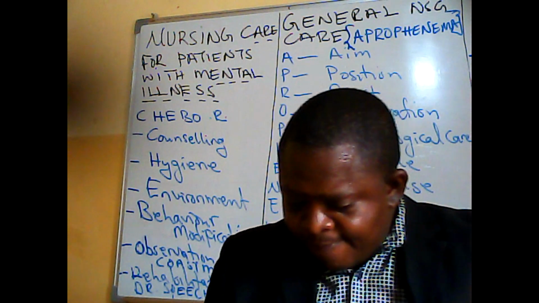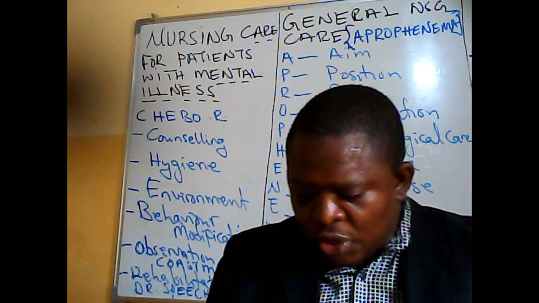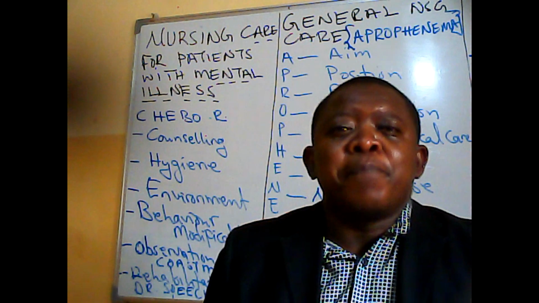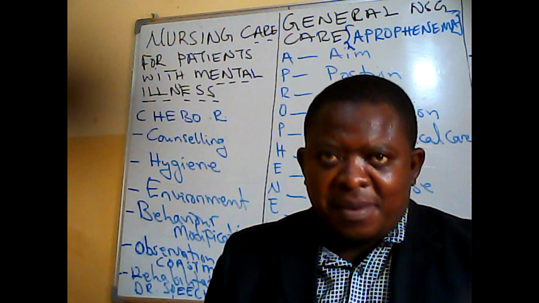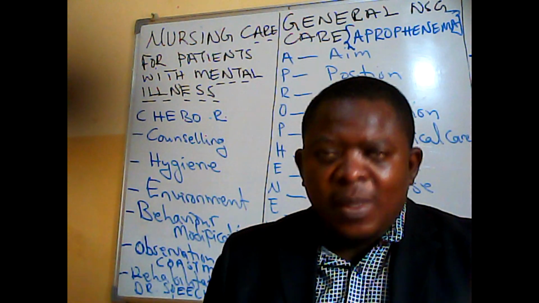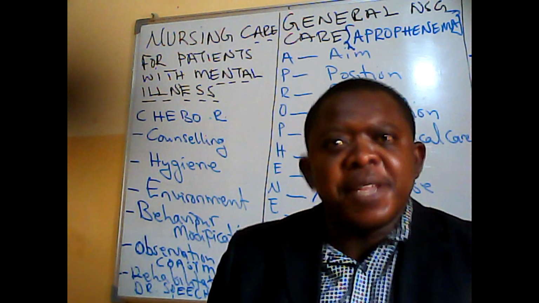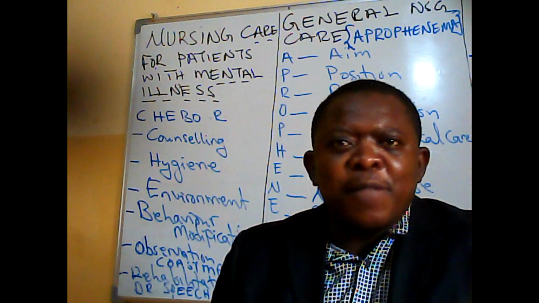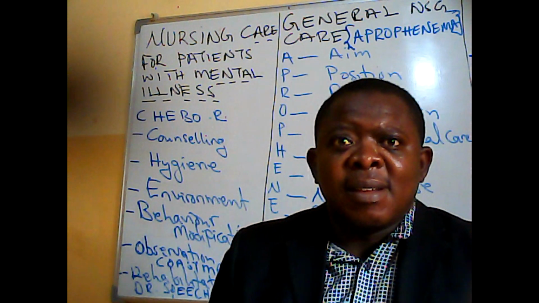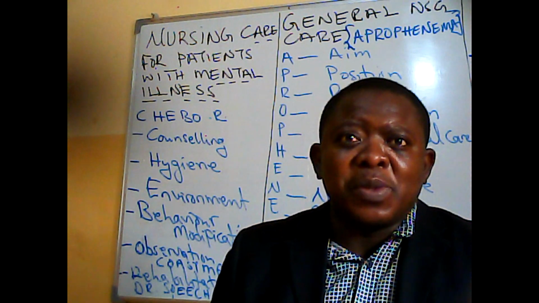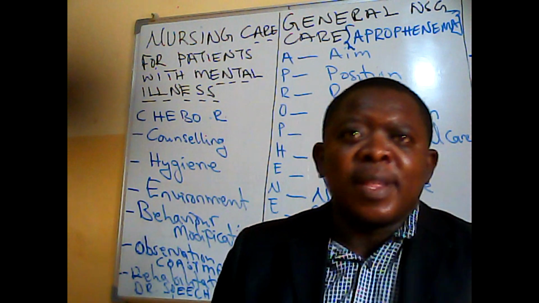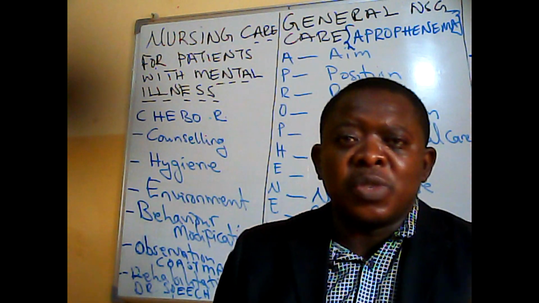All right. So the next item is attitude. What is the patient's general attitude to the environment? Inquire from the relatives how their attitude has been. Have they observed any changes? Of course, sometimes to understand mental illness, you need to understand that culture and all those issues come into play.